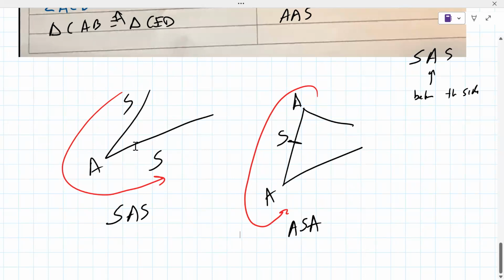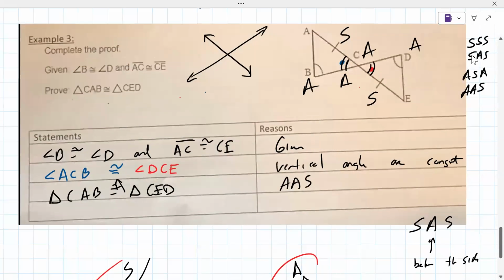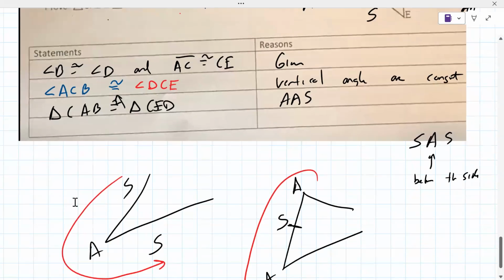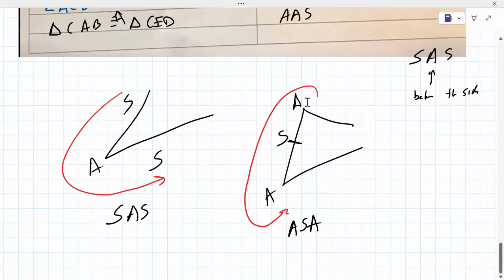It's not willy-nilly, it's a flow. Where does the flow start usually? Depends on which one it is. The letters tell you: SAS means it starts with a side to an angle to a side. ASA, angle to a side to an angle.